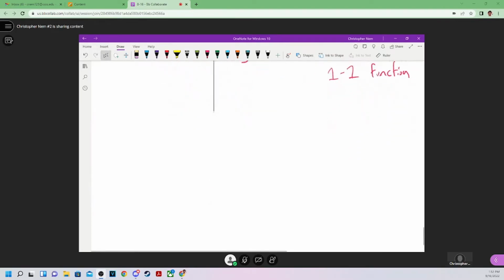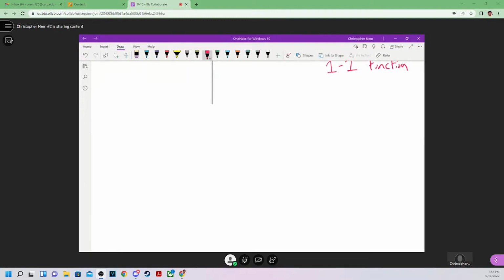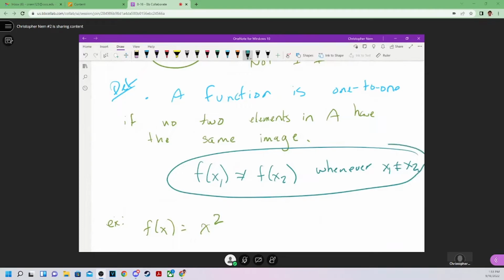Let's take another one. How do you know if this is a 1 to 1 function or not? Let's say f of x equals 3x minus 4. Is this 1 to 1? Well, we have to go by the definition. Over here, we're going to do something called the contrapositive, which none of you guys might have heard of. That's in logic.